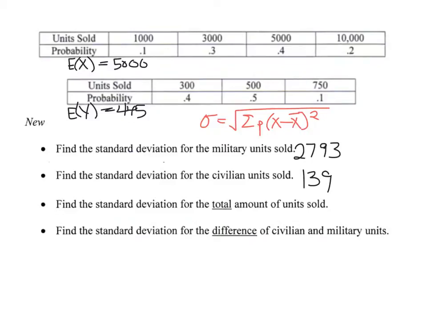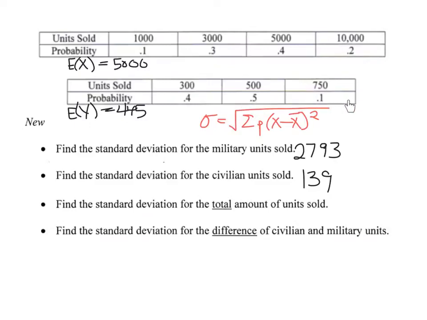when we are combining all of these things together, think about it like you were doing it as one long calculation. Okay, and you would say, well, I'm adding all of these variabilities together, 0.1, 1,000 minus 5,000 squared, 0.3, 3,000 minus 5,000 squared, and so on. Then you would drop to the next line and just keep adding.